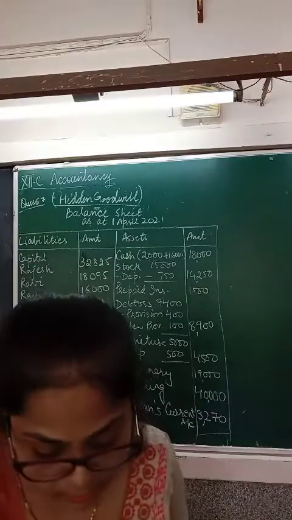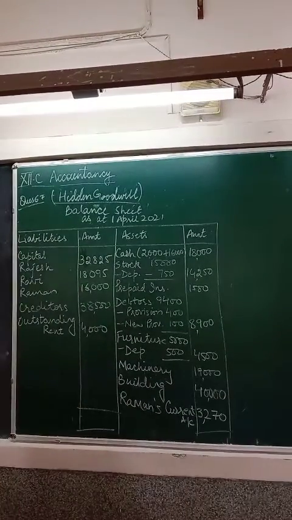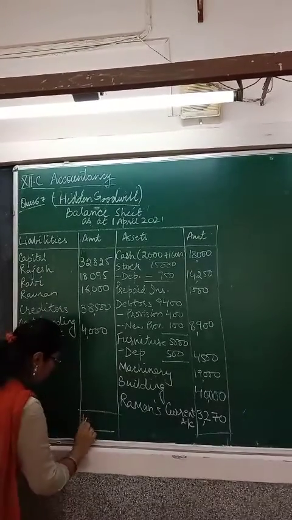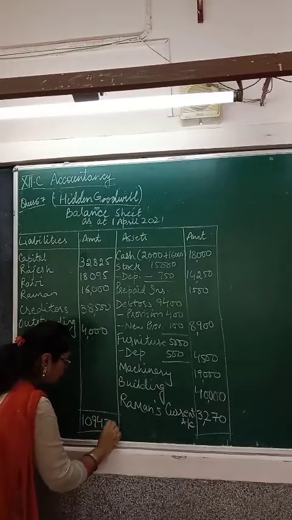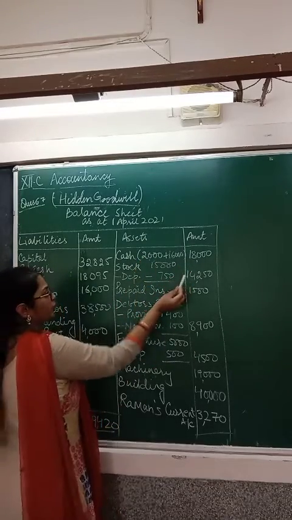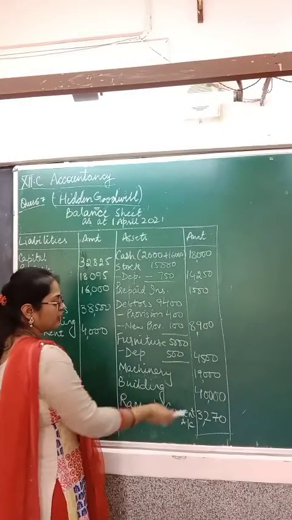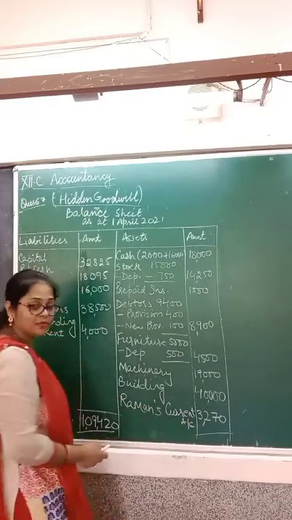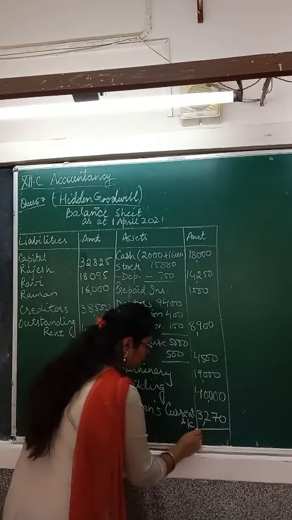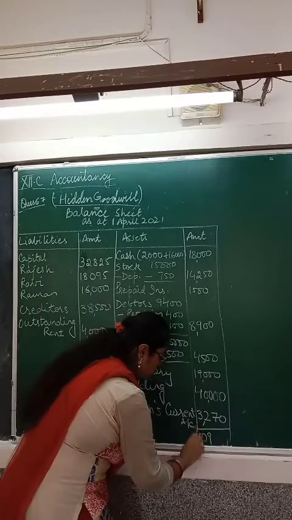It is 1,09,420. And on this side, the total is 2,250 plus 1,500 plus 8,900 plus 4,500 plus 19,000 plus 40,000 plus 3,270, which is 1,09,420.